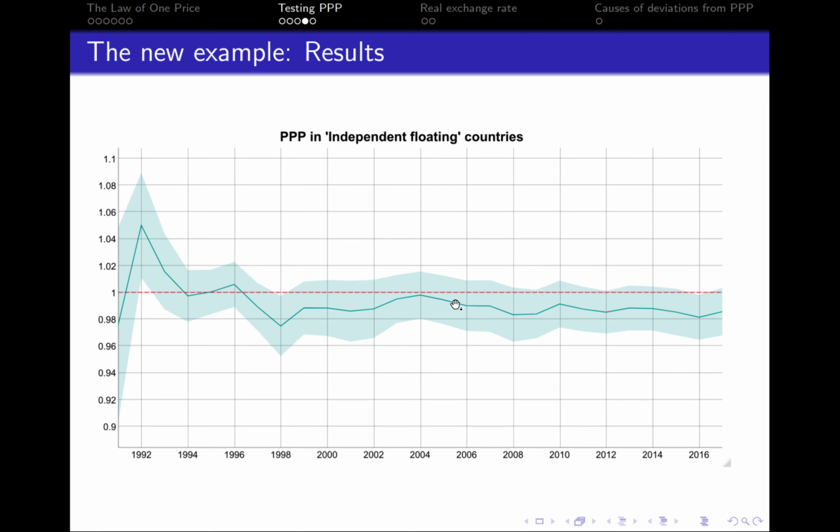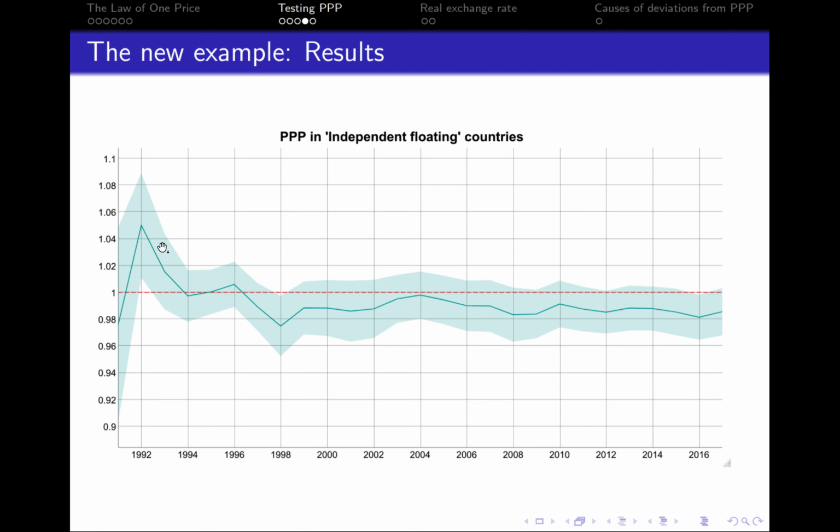But of course, I must say that I experimented with different price levels. It turns out that the price level that works the best is the consumer price level. When I used the GDP deflator, results were slightly worse, for example.